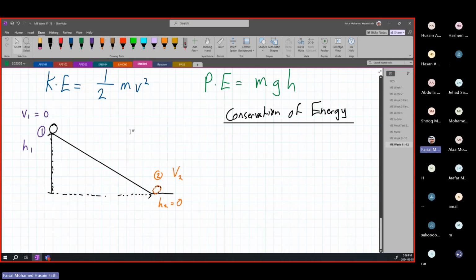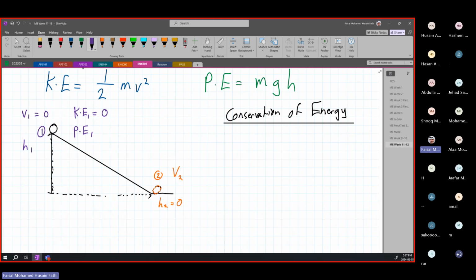All right? So in this case, in phase 1, our kinetic energy 1 is equal to 0, but our potential energy 1 is not equal to 0. Why is kinetic energy equal to 0? Because our V1 is 0. And based on this equation, if you have a velocity of 0, your kinetic energy will be 0. The potential energy here is going to be equal to mass times gravity times our height h1.